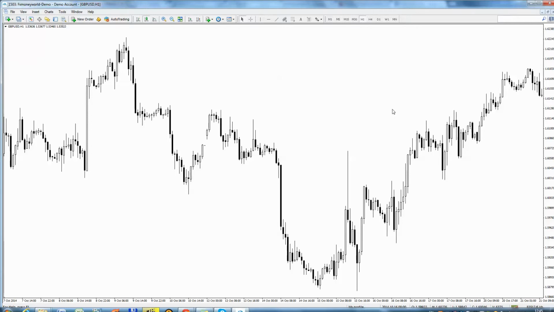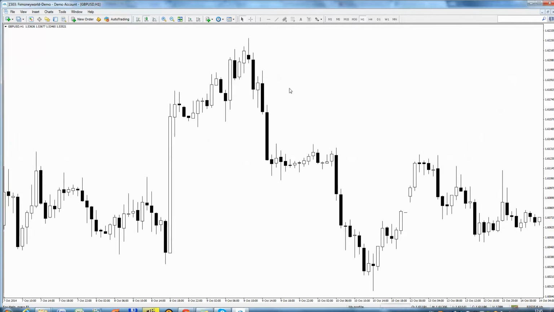I think that the difference is great, because if we zoom in, we see that the candlesticks chart consists of candles, of two types of candles, white and black.